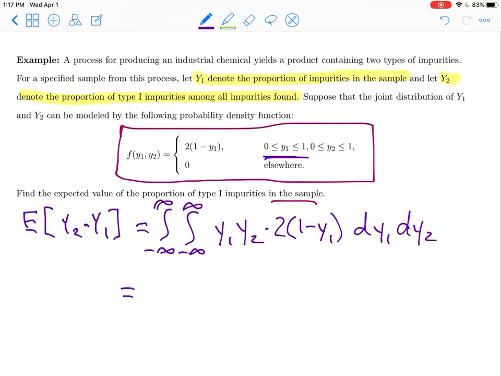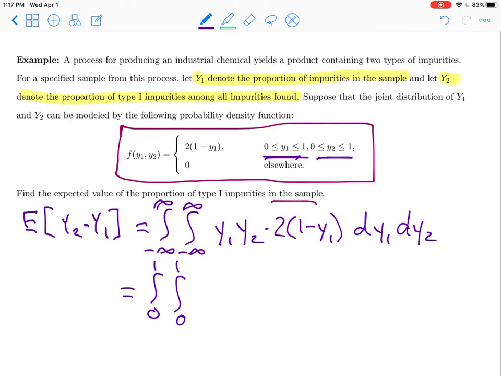This is only going to be non-zero in these places, and so we have an integral from 0 to 1, those are the limits for y2. Our limits for y1 are also going to be 0 and 1.